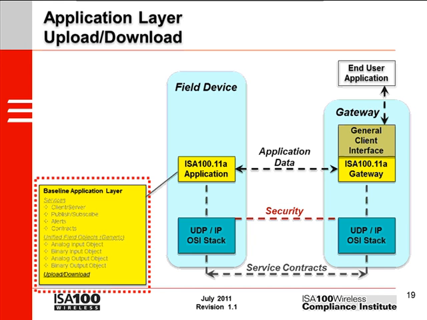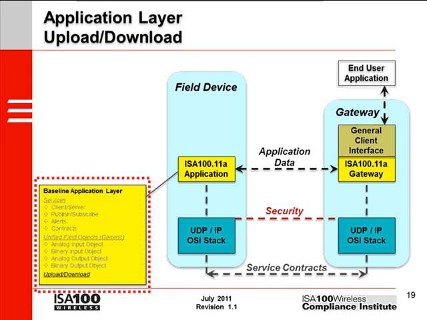An important aspect of the ISA100.11a application layer is that it's object-oriented and very extensible. So these basic capabilities can be extended by a supplier or by additional specifications. Although you can build a perfectly functional ISA100.11a device without any extensions.